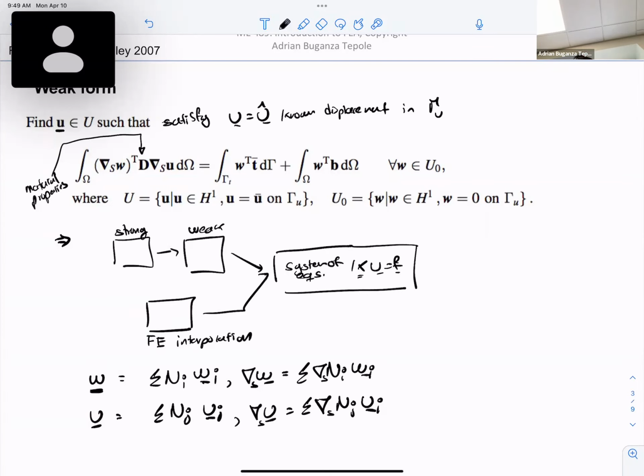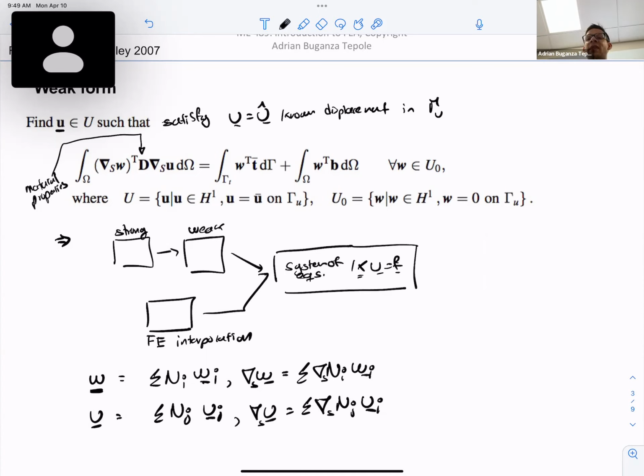It's a symmetric gradient. I haven't defined it yet, but it's almost like the standard gradient with some tweak to it, but it's easily calculated in a very similar way to the gradient for the heat transfer problem. So hopefully this looks very similar to the discretization of the heat transfer problem.